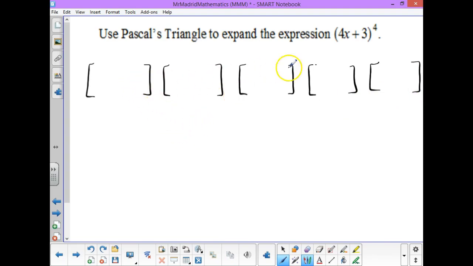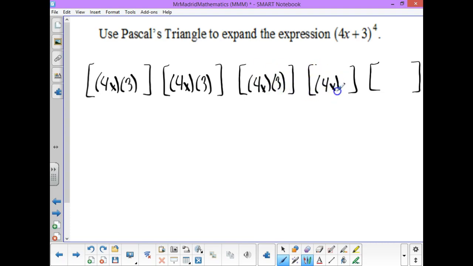So the next thing you want to do is take each one of these two terms and list them over and over. So we're going to go 4x, and then 3, 4x. Again, this is kind of a little shortcut to what could be a really messy situation in terms of having all these products everywhere.